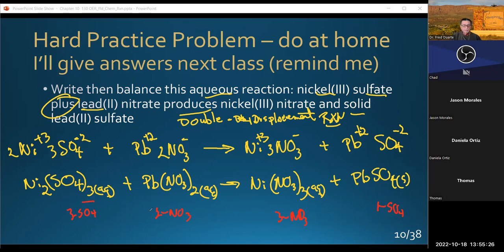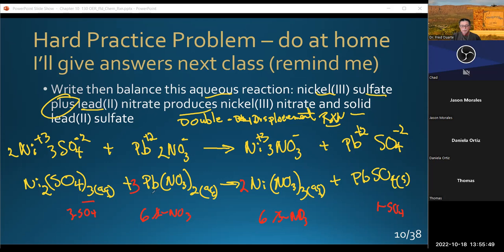That means if I put 3 in front of lead nitrate, now I got 6 nitrates, right? And if I put a 2 in front of nickel nitrate, I got 6 nitrates. So it looks like my nitrates are good to go now.